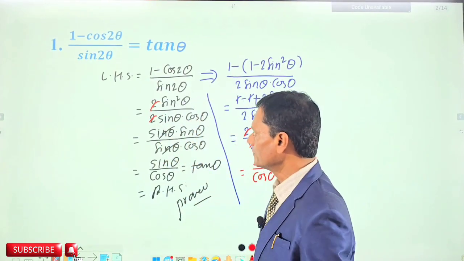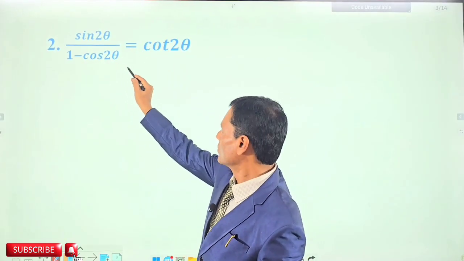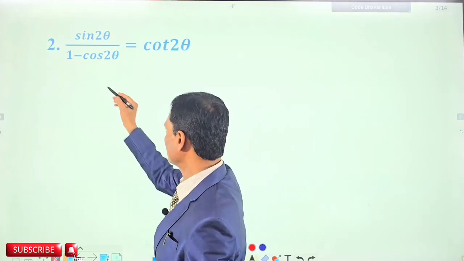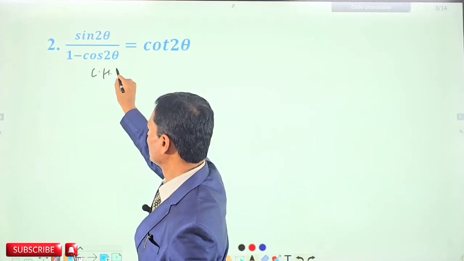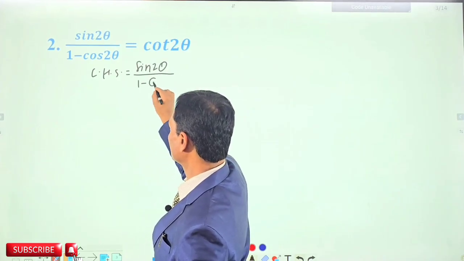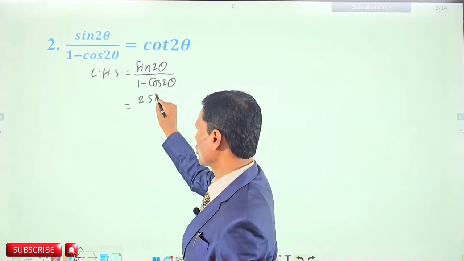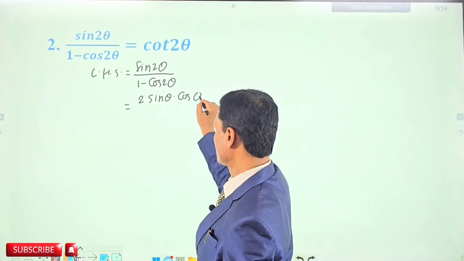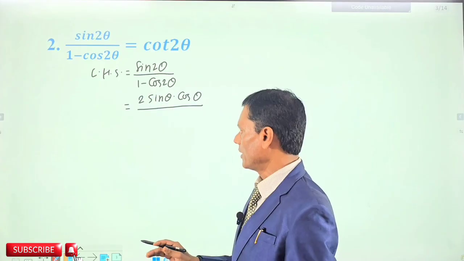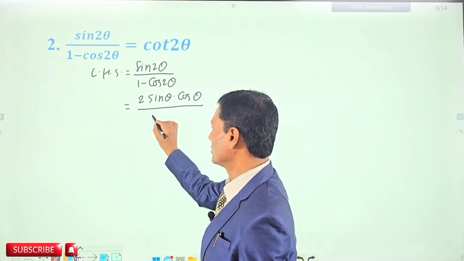Second identity we have here: sin 2 theta over 1 minus cos 2 theta equals cot 2 theta. So here we are going to choose the left hand side. Left hand side equals sin 2 theta over 1 minus cos 2 theta, and sin 2 theta means 2 sin theta dot cos theta, and 1 minus cos 2 theta, in the previous question I have written 1 minus cos 2 theta equals 2 sin square theta.